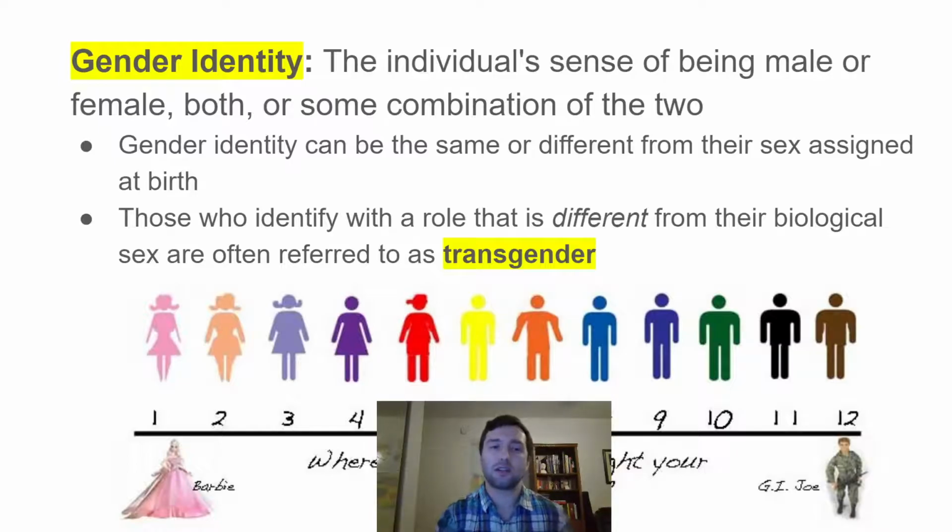Now, again, gender identities can be a little harder to nail down, I would say, than when we talk about sex or even gender or gender roles, because, again, it's focusing on an individual. So for some people, our gender identity is going to be the same as the sex that we've been assigned at birth. For some of us, it's going to be different. Now, again, you might notice where it says sex assigned.